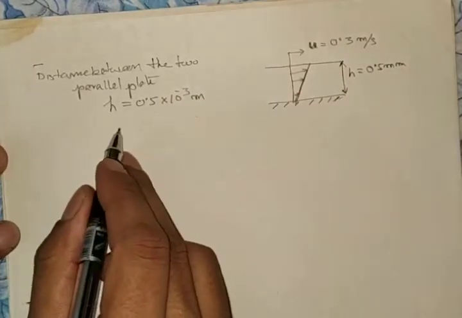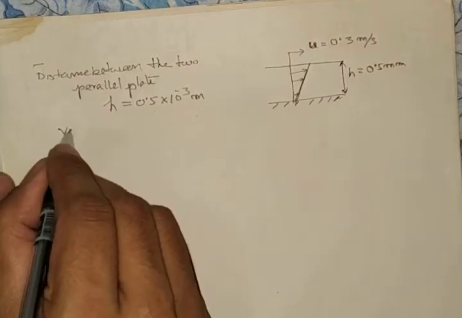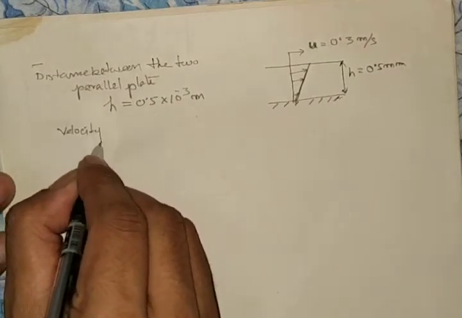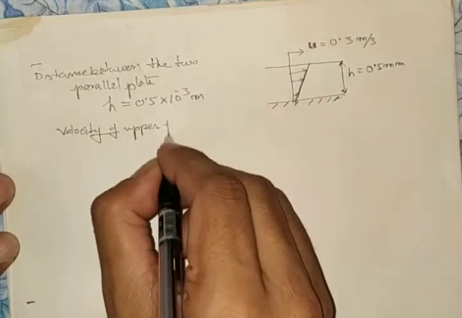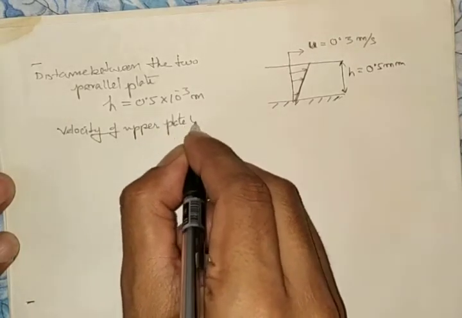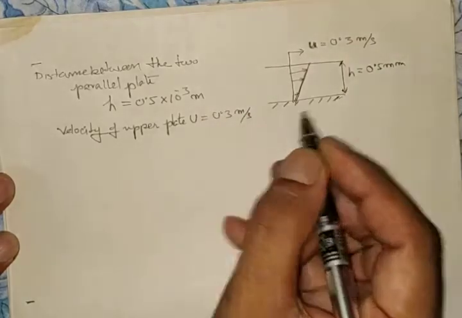The velocity of the upper plate, capital U, is 0.3 meter per second.